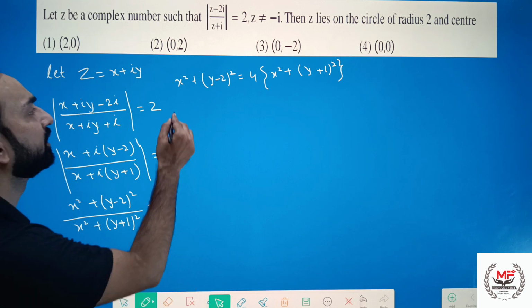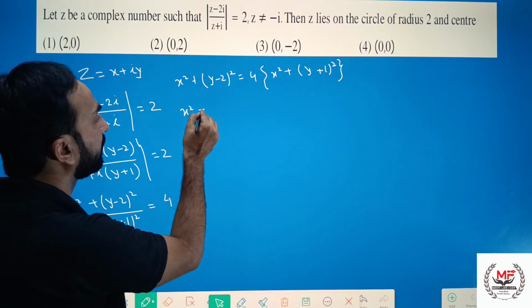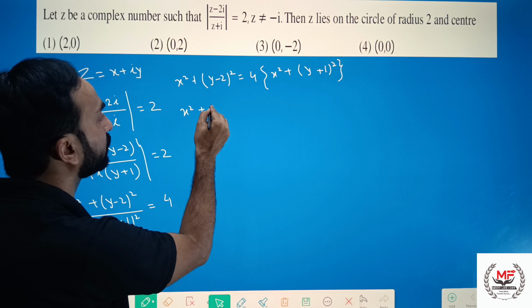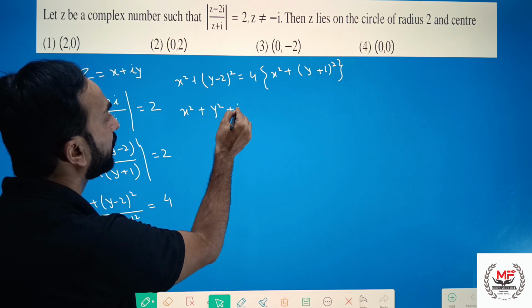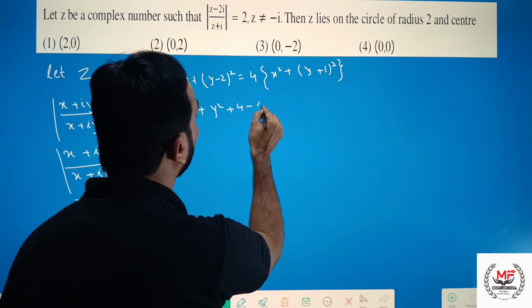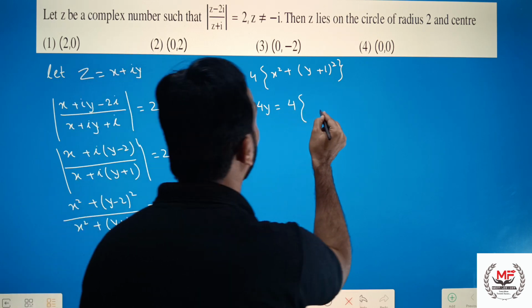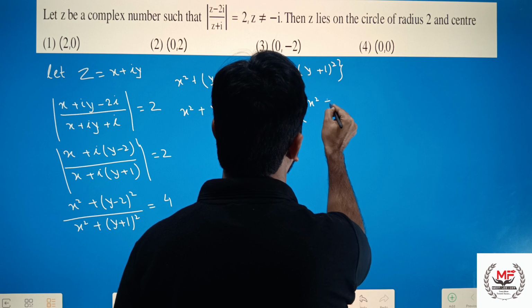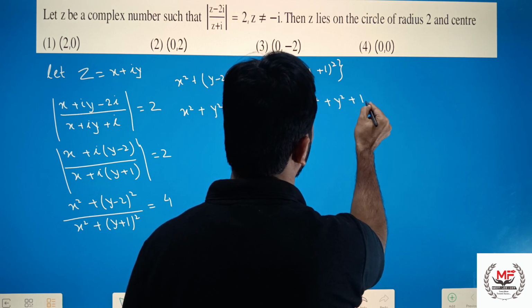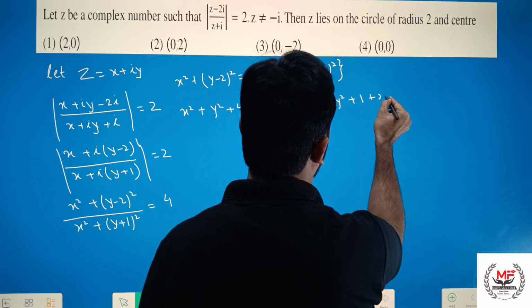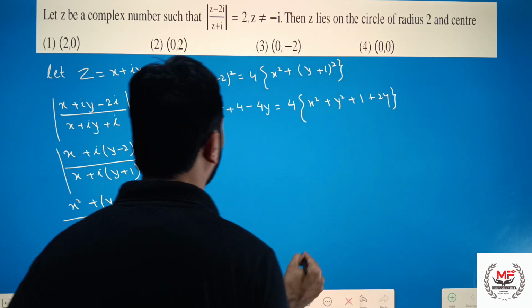Now what we can see here is that in place of x square I can write x square, and in place of (y minus 2) whole square I can write y square plus 4 minus 4y, right? And here I can write simply 4 times (x square plus y square plus 1 plus 2y), right?